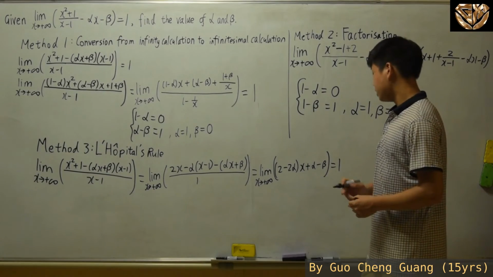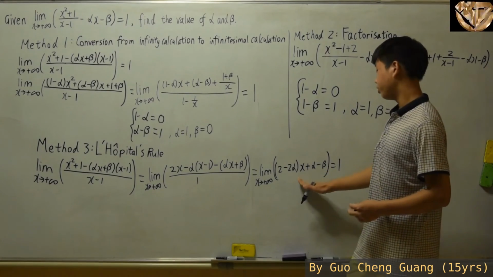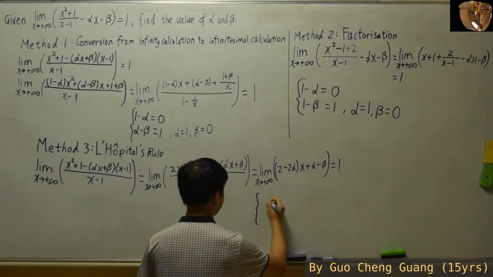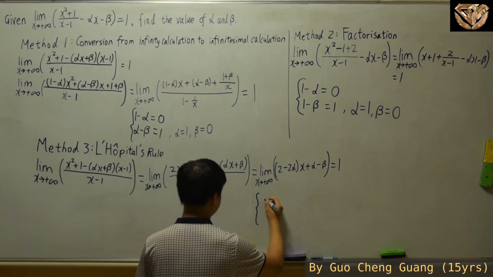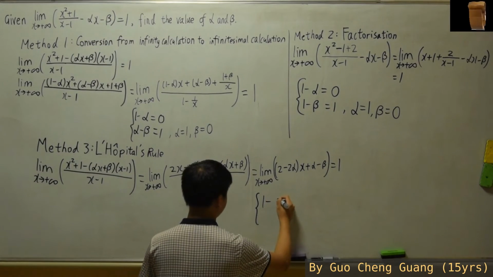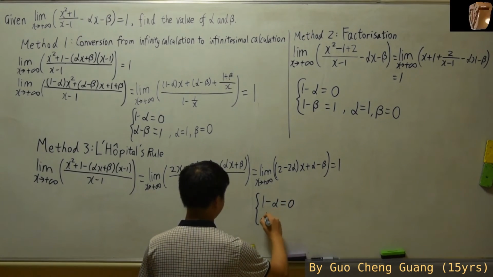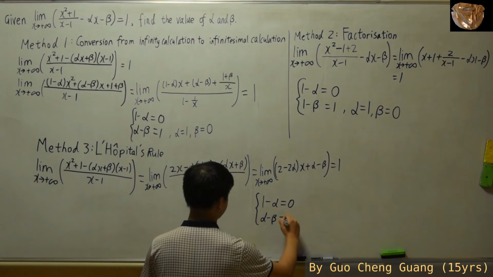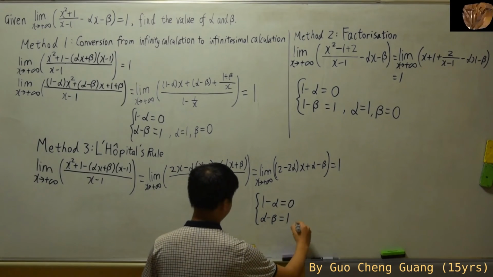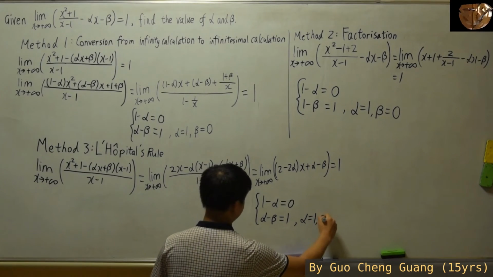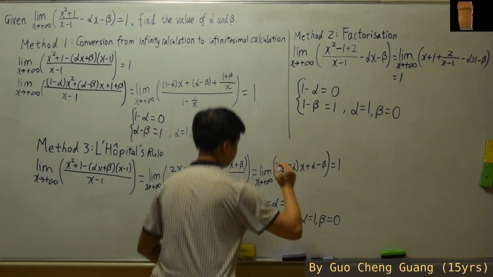Now, once again, you take a look at the term with x, which is also pretty much similar. Well, you have 1 minus alpha is equal to 0, and alpha minus beta is equal to 1, and thus alpha is equal to 1, beta is equal to 0.